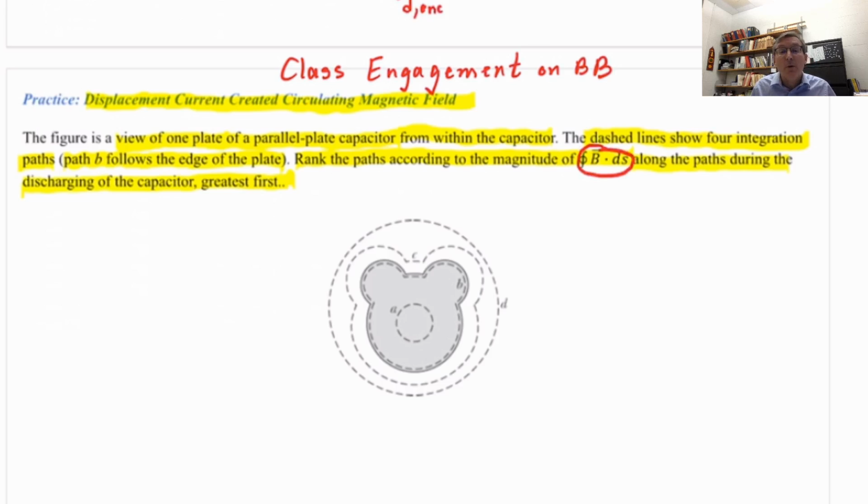A is the small one, B is next, following the shape of the plate, C is bigger, but follows the shape of the plate, and D is just a big circle. You are inside the capacitor in the gap, looking at one of the plates, and the capacitor is discharging. Rank the values of B dot ds. Okay, so that's all for this video, and we'll talk about these ideas in class.